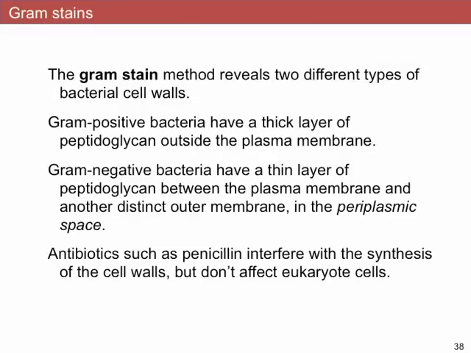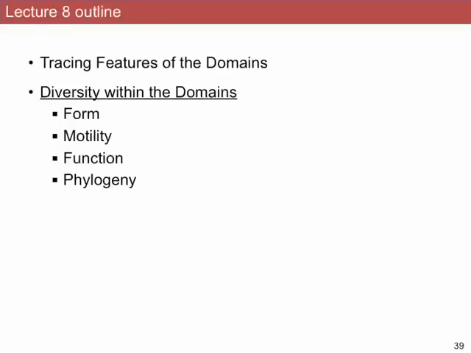So this summarizes some of that detail that I basically just said. What I want to do now is follow up on this gram-positive, gram-negative example and start to talk about the diversity within microbial groups. And I'm going to talk about microbes in a very broad sense.